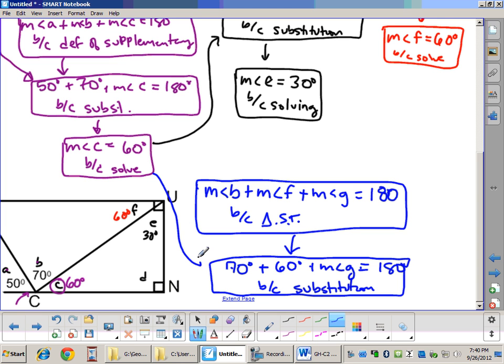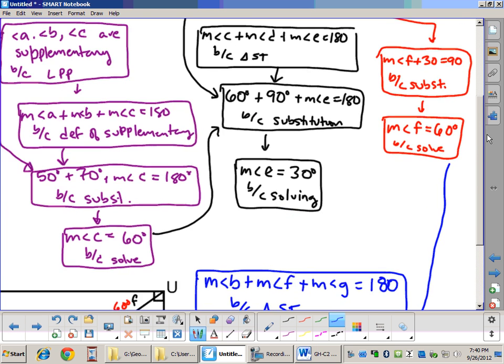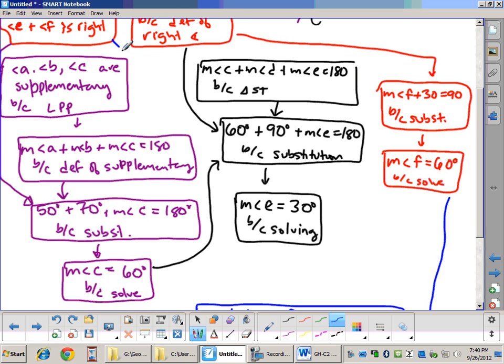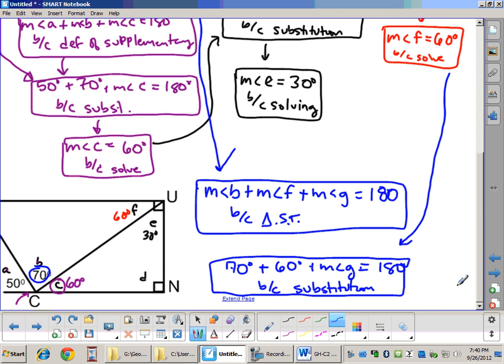Well, whoa, back up, Mr. Collins. Here's where I grab the 60. And the 70, well, how did I know that was 70? Oh, look, it was a given statement. I need to come all the way back up here and connect my given statement.